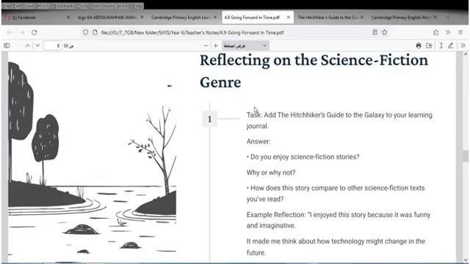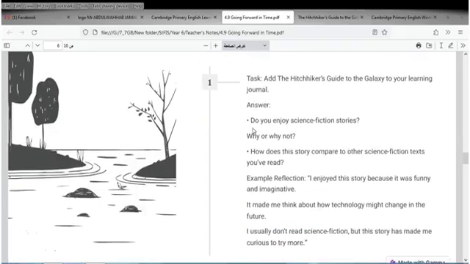Reflecting on the science fiction genre: after we read this and understood this, can we now reflect or write something? I have a question. Do you enjoy science fiction stories? Yes or no? Explain and tell me why. Example of the reflection: I enjoyed this story, The Hitchhiker's Guide to the Galaxy, because it was funny and imaginative.